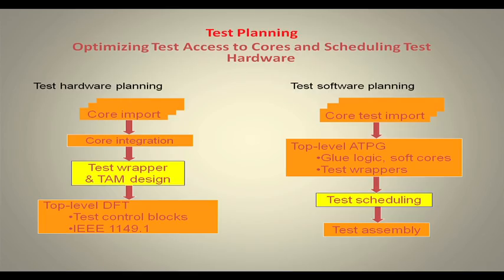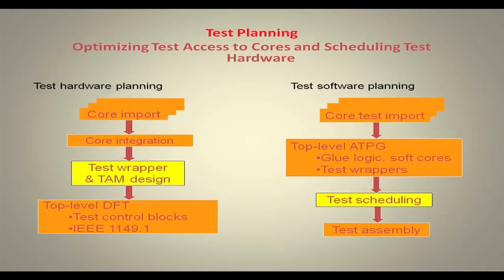Maybe this requires some translation of data from one format to another, or some extra small logic to be added inside the design to make it complete. That is the glue logic, but for testing this glue logic we have to apply test patterns. To know what the test pattern is, we have to take help of some ATPG. Also, sometimes some cores are available as soft cores. Soft core means the design is provided at the behavioral level, or at most at the netlist level. If so, we can generate test patterns at that point.